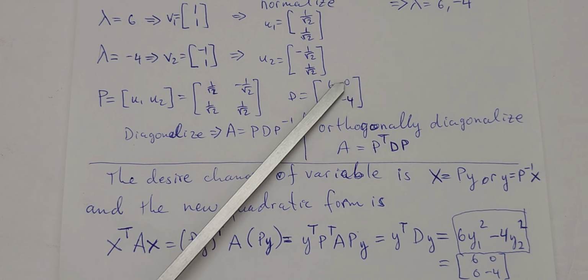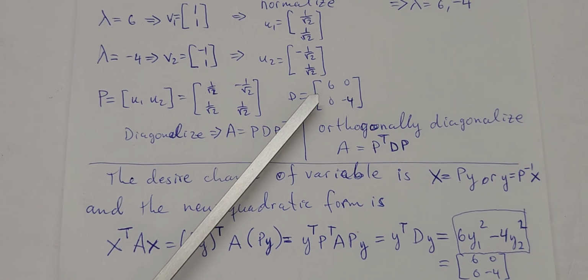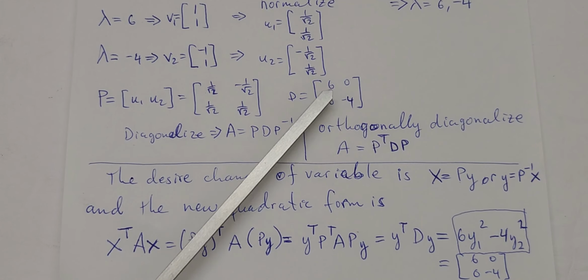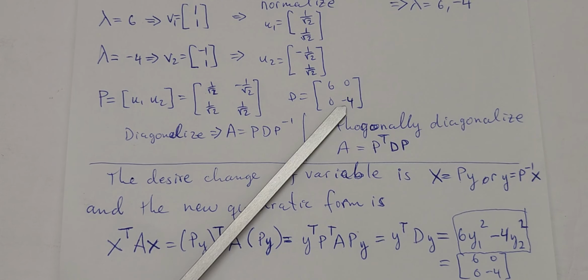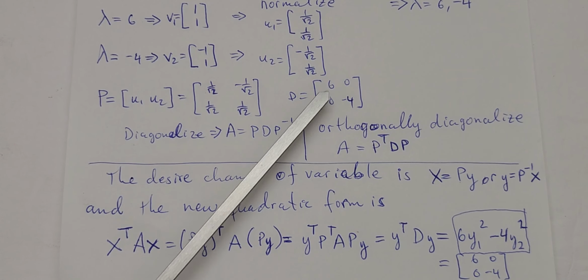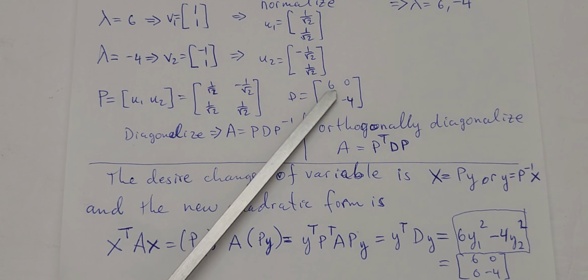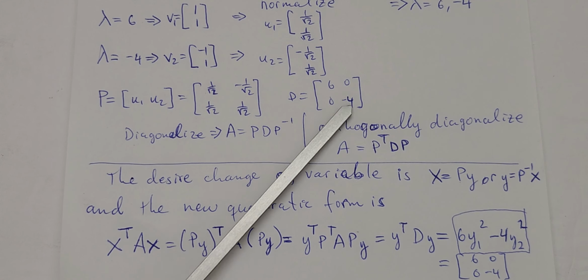So the diagonalized matrix will be in the variable y. This is the first spot. This is the last spot. And there's nothing here and there's nothing here, so we only take care of the diagonal, or the eigenvalues only.